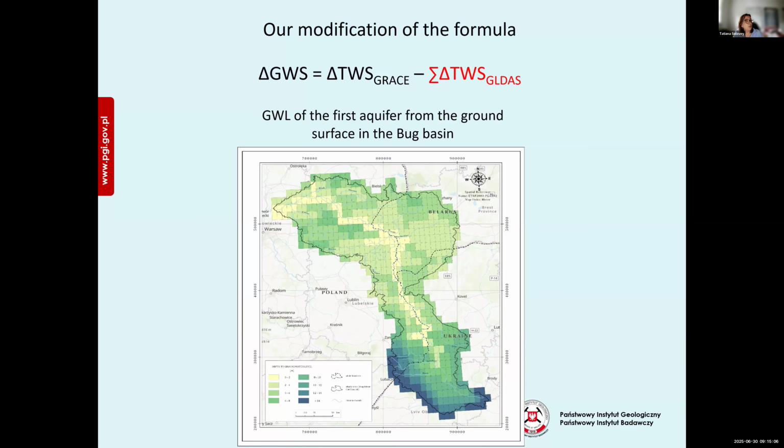Our approach introduced this accumulation into the total water storage GLDAS index. This accumulation depends on the depth to the groundwater level, assuming that as the groundwater level increases, the length of the summation period for total water storage GLDAS extends to include the current and previous months.